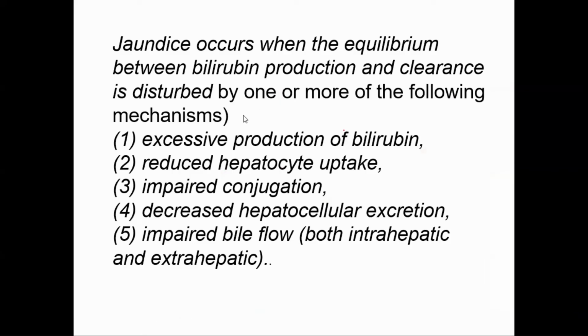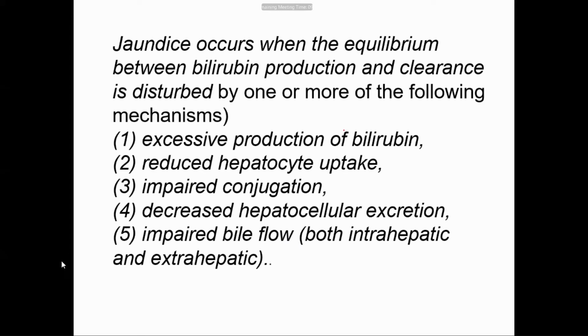Now, that was obstructive jaundice, and now jaundice occurs when the equilibrium between bilirubin production and clearance is disturbed. And this occurs in the following manner: excess production of bilirubin, reduced hepatocyte uptake, impaired conjugation, decreased hepatocellular excretion, impaired bile flow, that is obstruction, intrahepatic or extrahepatic.